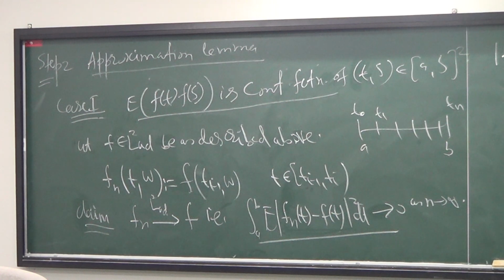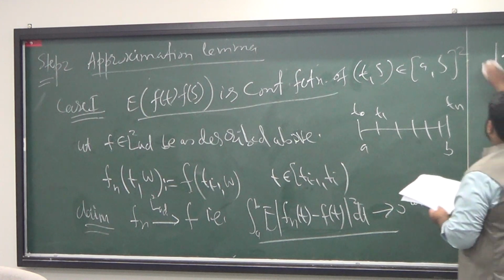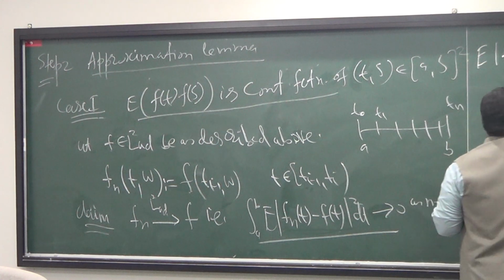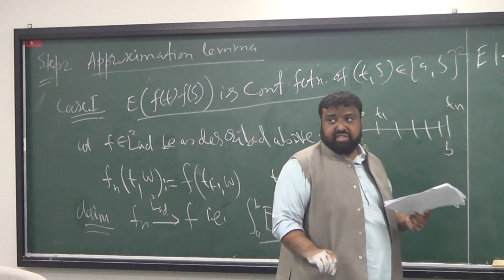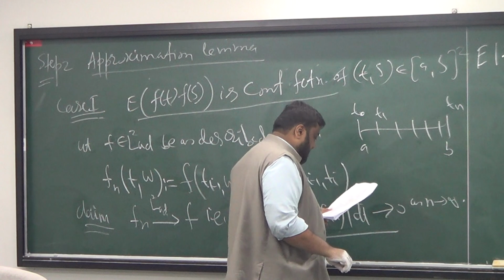And I can estimate this. So this guy has a value in terms of f of t actually. Okay? So I can estimate this, or I can take expectation on both sides of the inequality. Still gonna get the same.